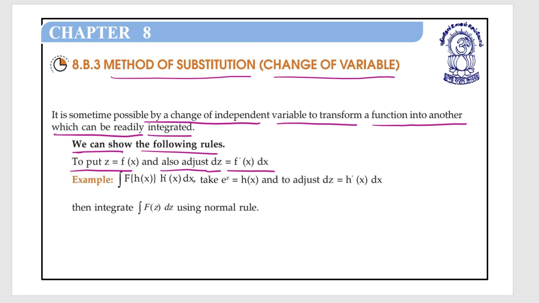Example, integration f of h of x into h dash x dx is equal to, take here z is equal to h of x and adjust dz is equal to h dash x dx. Then integrate integration of f of z dz using the normal rule.